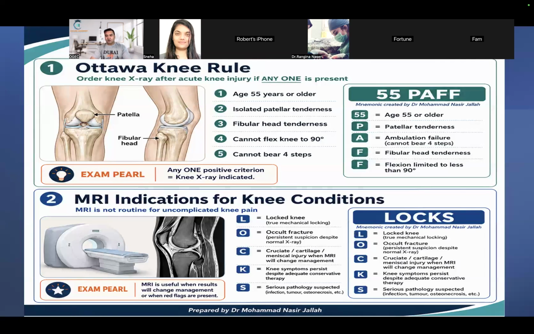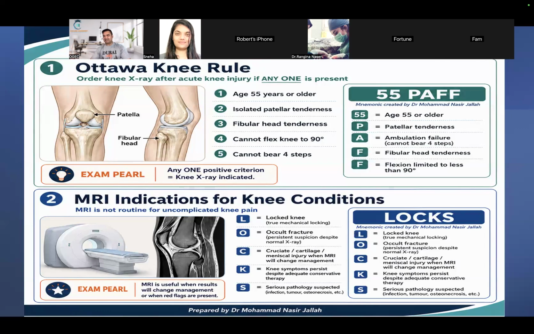Okay. So for the Ottawa knee rule, order a knee X-ray after acute knee injury if any one of these is present. This is the mnemonic that I made: 55 PAF. What is 55? 55 is the age.